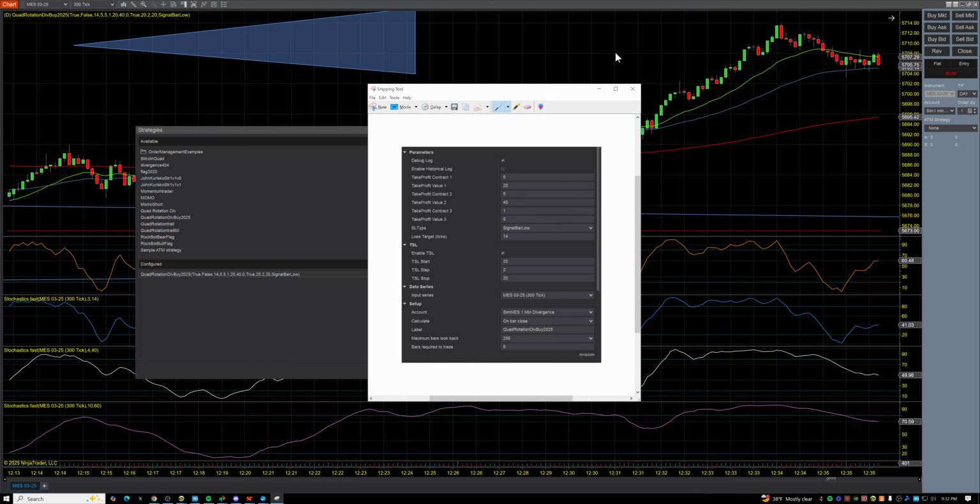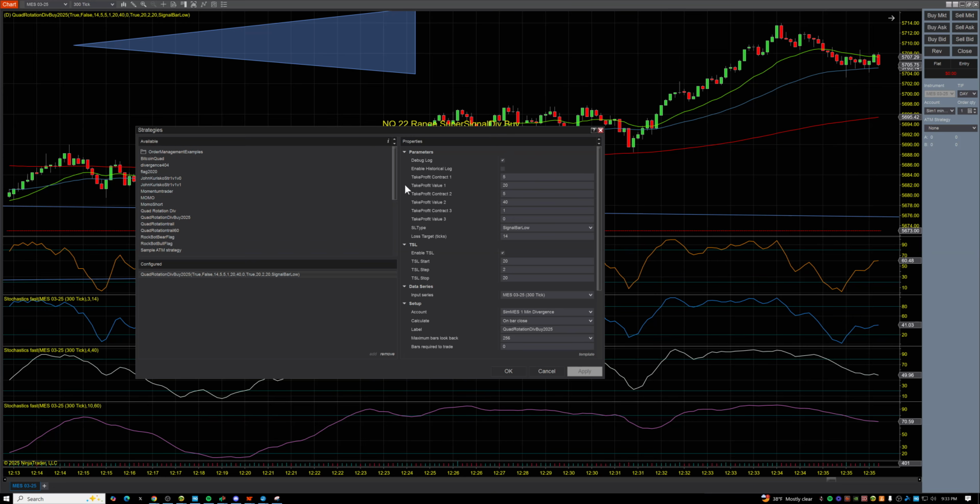That is on the 300 tick chart. Oops, I didn't mean to cover that up like that. All right, so 300 tick chart.